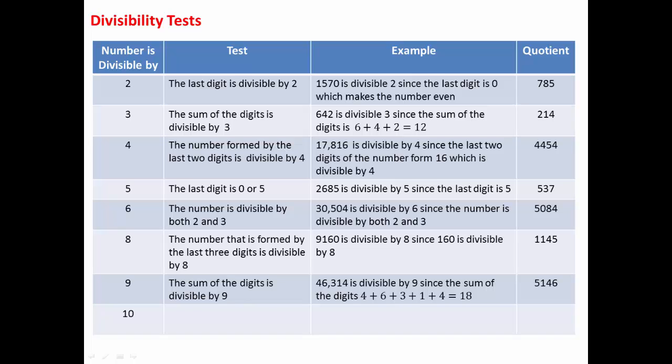A number is divisible by 10 if the number ends in 0. An example of this one is 1,574,290, which is divisible by 10 since the last digit is 0. When we divide 10 into the number 1,574,290, we get the quotient 157,429.